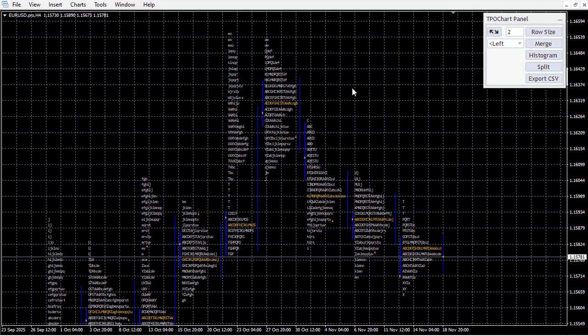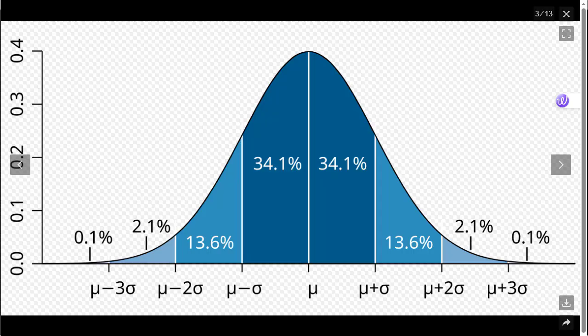It looks a little bit weird if you haven't seen it before, but allow me to explain. Do you remember from high school or college the normal distribution? What does it say? Well, the normal distribution says that if we have a perfect distribution, what is a distribution?